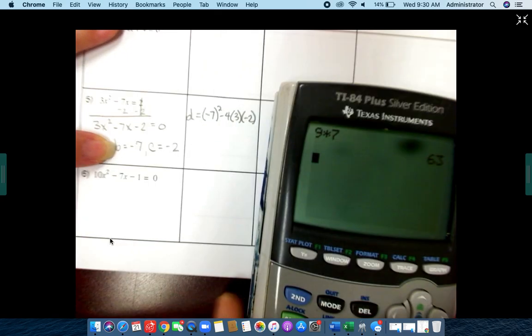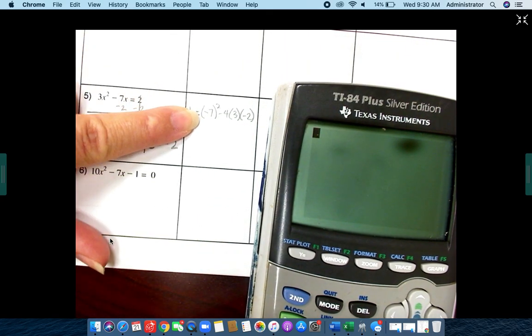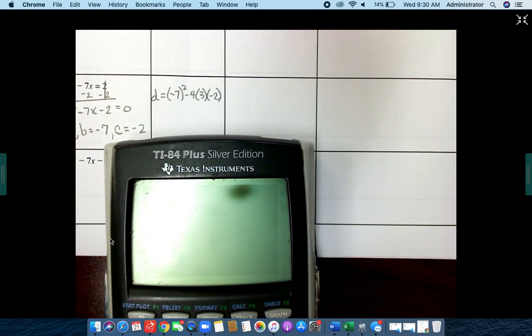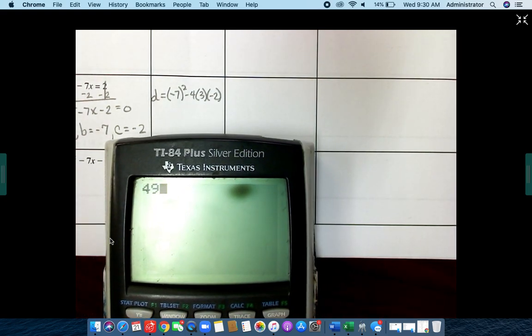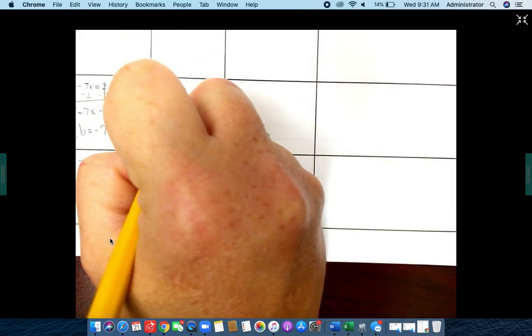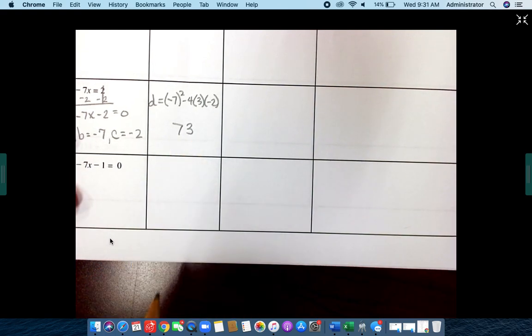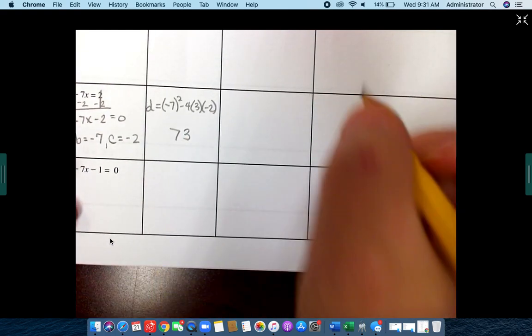Now our calculator. I'll square that in my head. That's 49, but of course you can use parentheses if you want. So I'm going to do 49 minus 4 times 3 times negative 2, and I get 73. So that's positive, and it's not a perfect square. Think about what that means.